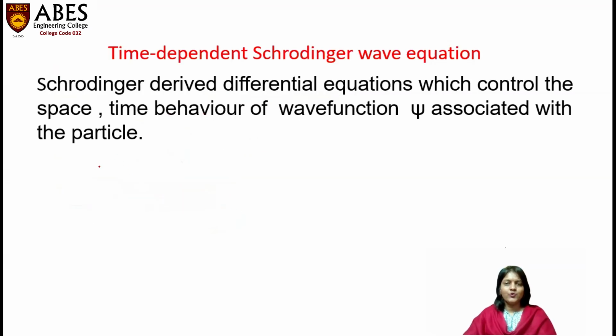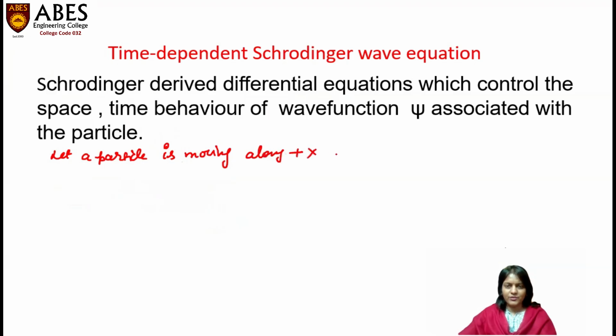Now the time dependent Schrodinger wave equation. Schrodinger derived differential equations which control the space and time behavior of the wave function psi associated with the particle. Let a particle be moving along the positive x direction with velocity v.